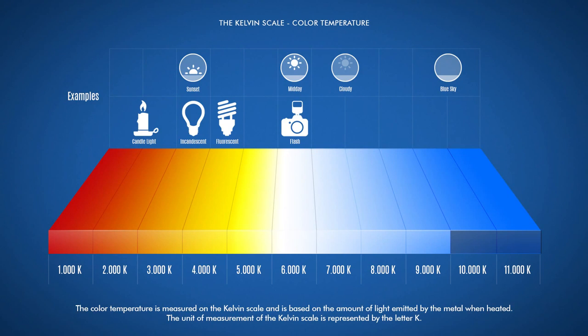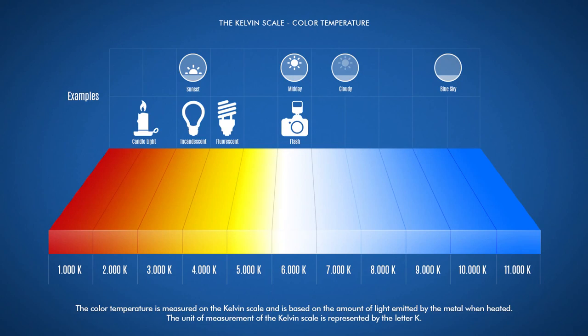And all of these values are important because we're going to use them when configuring our scene inside our V-Ray lights. We can set a very specific color temperature in order to achieve photographic results in our renders. Let me show you now where this parameter is located inside the V-Ray light.